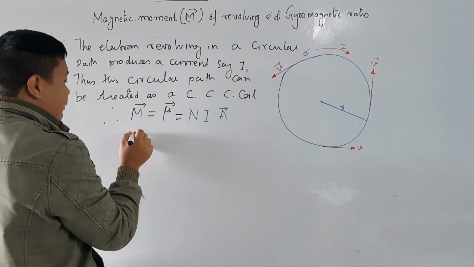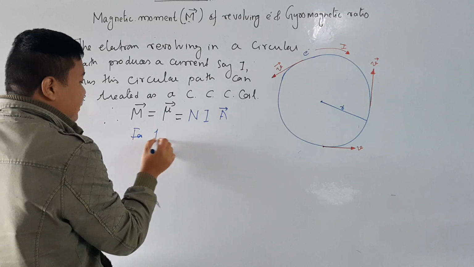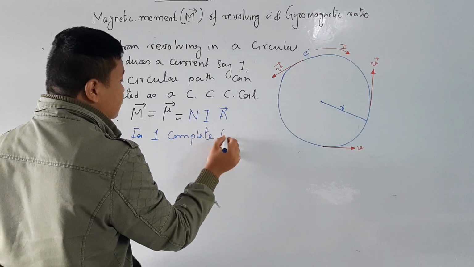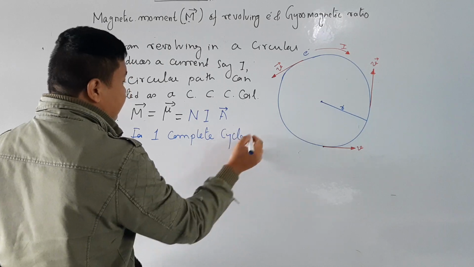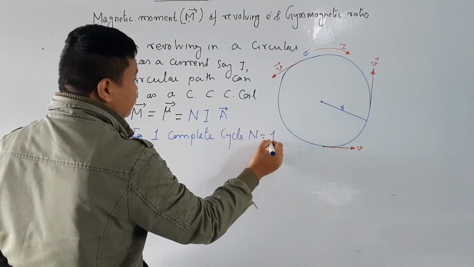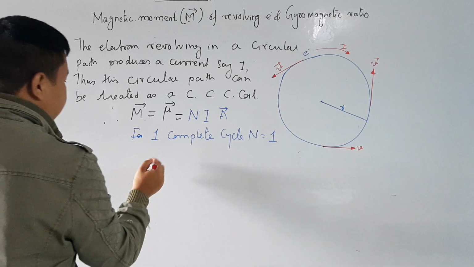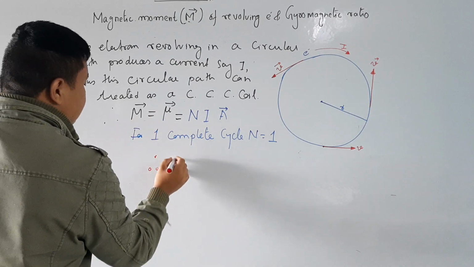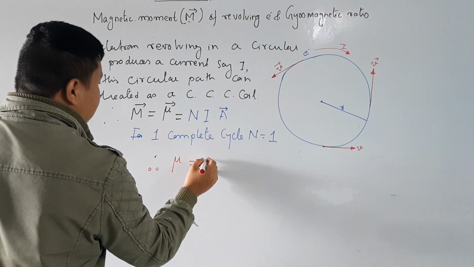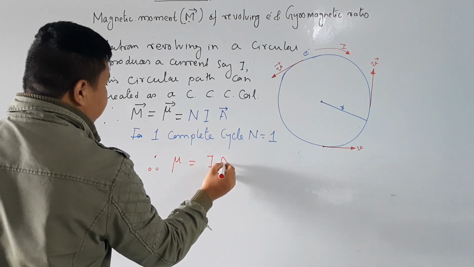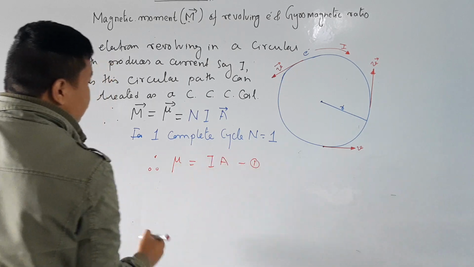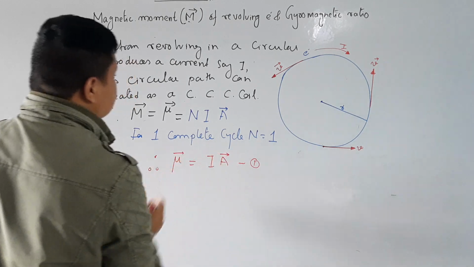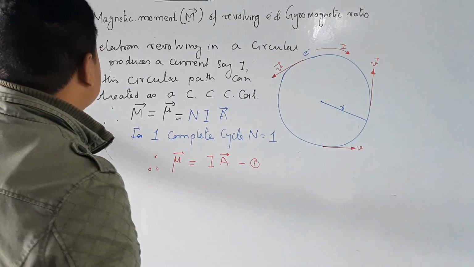So for one complete cycle, n is equal to 1. Therefore what we can write, m or mu also, I will just write mu is equal to IA. So this is equation 1 without putting the vector, or we can also put like this. So this is my equation number 1.